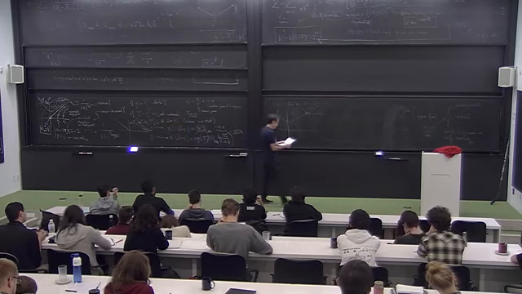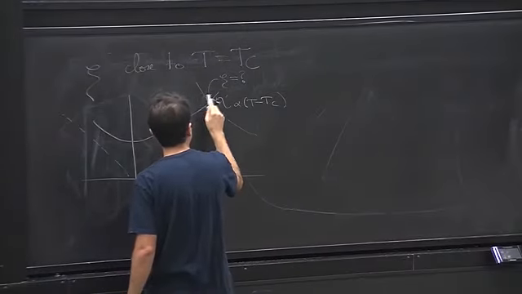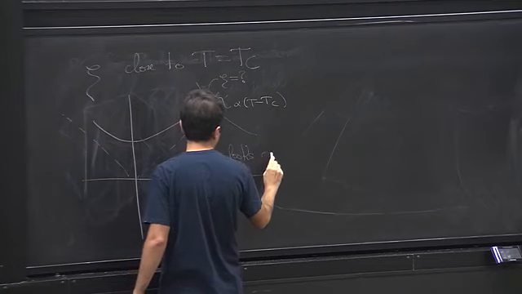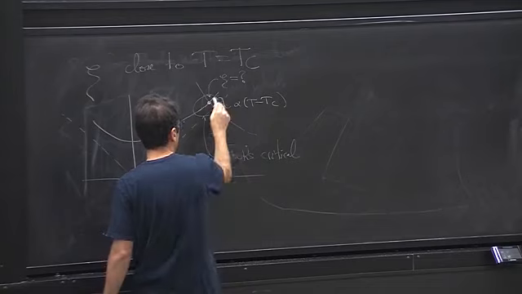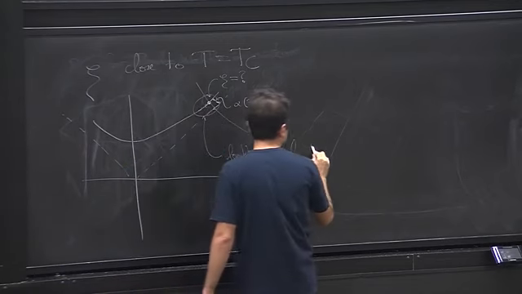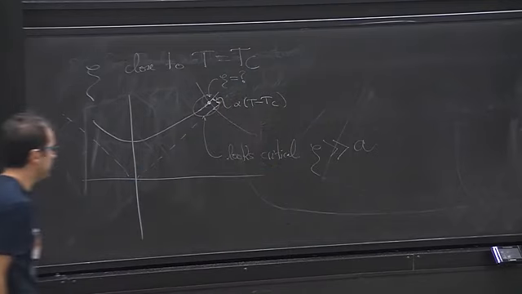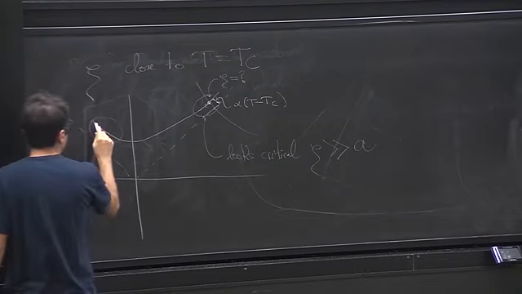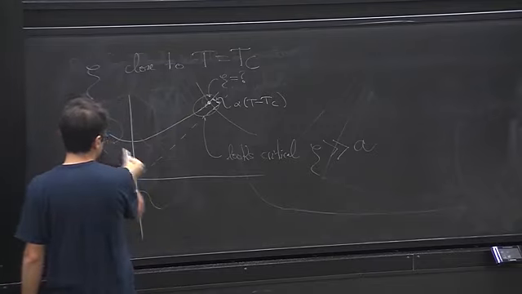So now, the idea is the following. As I said, here the model looks critical. At this point, I cannot tell the difference between this and this. They are very similar, which means that xi is much bigger than a. The correlation length is very large. But here, we zoom out a lot. And here, the point is very different.